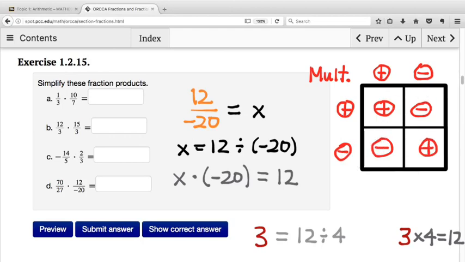But since one of the factors, negative 20, is in fact negative, that means that the other factor must be negative as well, because the product is positive. So negative times negative gives us a positive, right? There we go. So x is a negative number.